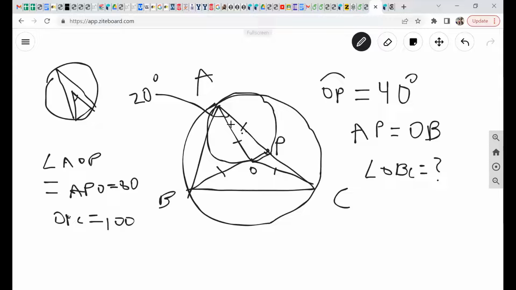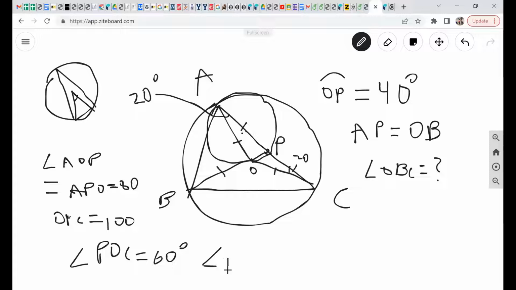And we also know that AO equals OC. So this is 20 degrees, this is 20 degrees. And as a result, since this is 100 degrees and this is 20 degrees, then angle POC is equal to 60 degrees, because the angles have to sum up to 180 degrees.